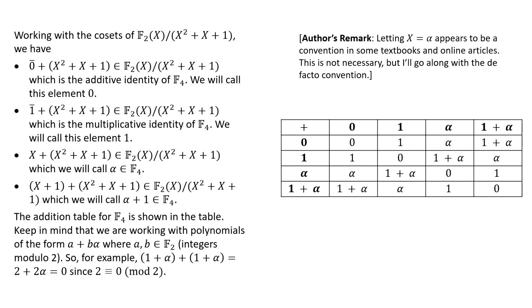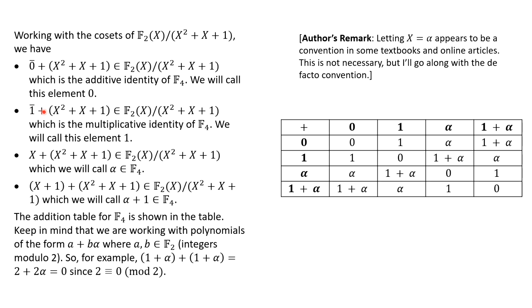So our task is not that hard since we only have 4 cases here. To complete our example, we want to find the addition and multiplication tables for the 4 elements in our group represented by this quotient ring. So we need to look at the cosets. The first one is 0 plus the irreducible polynomial, which is the additive identity.